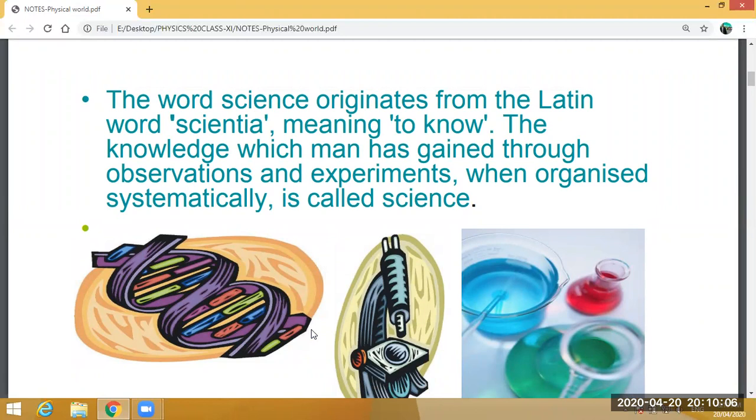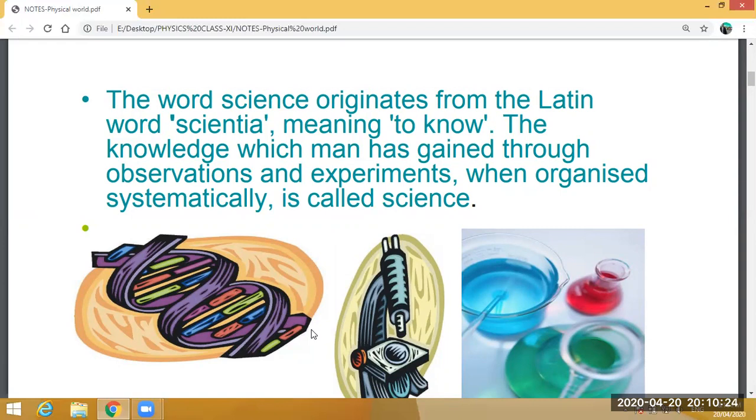So the knowledge which man has acquired through observation and experiment, when organized systematically, such knowledge is called science.